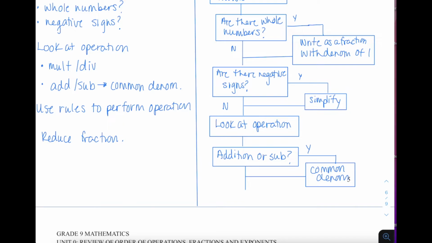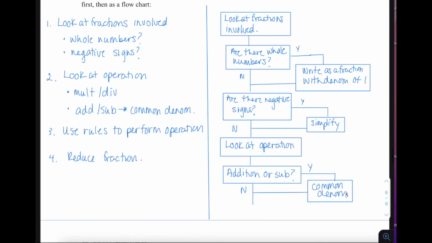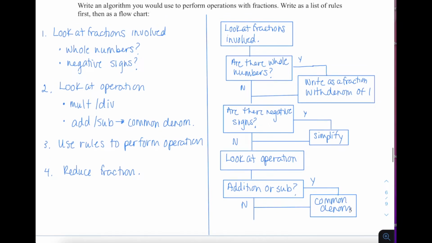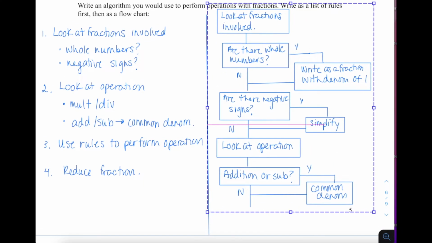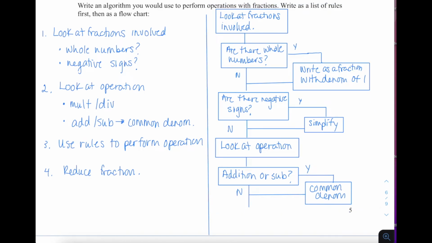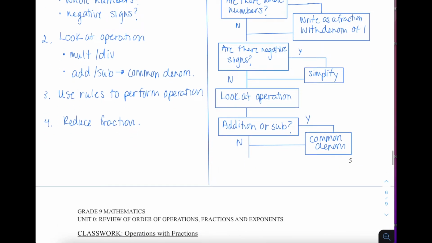Okay, the next thing we're going to do is perform the operation. And we might need to look at the rules for this. Okay, so this is where you really need to know how to add, subtract, multiply, or divide.